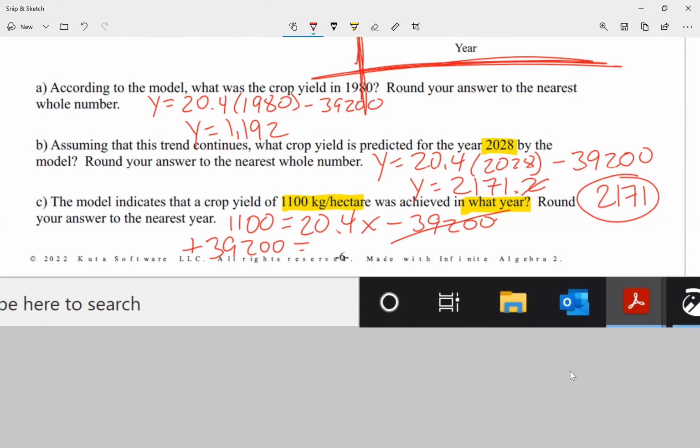So I get 40,300 is equal to 20.4x. Let me divide both sides by 20.4.